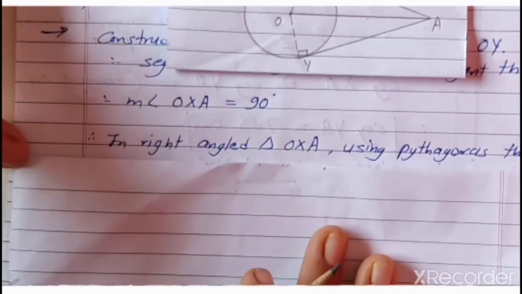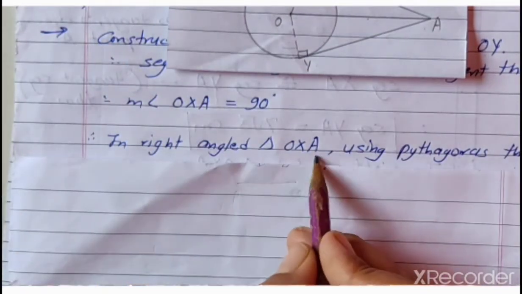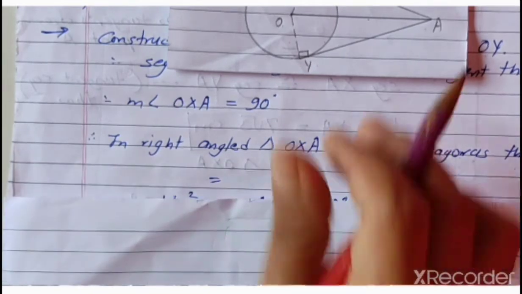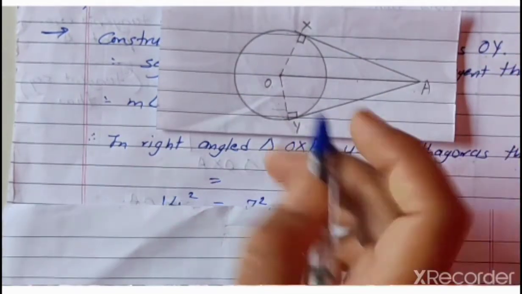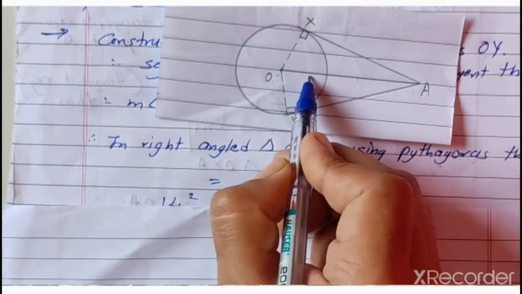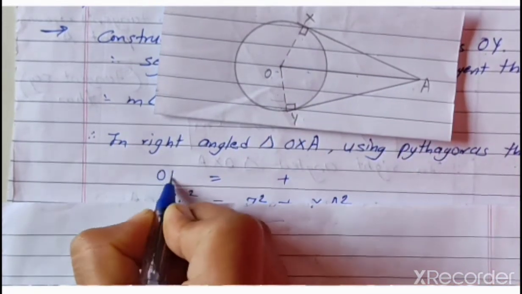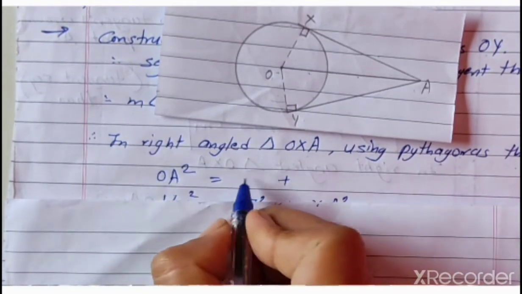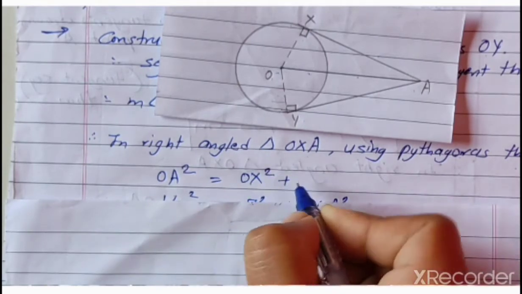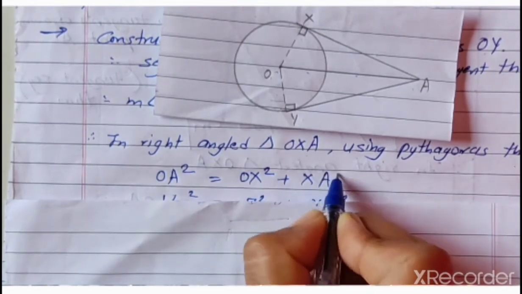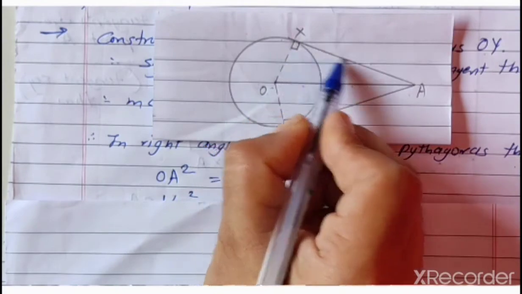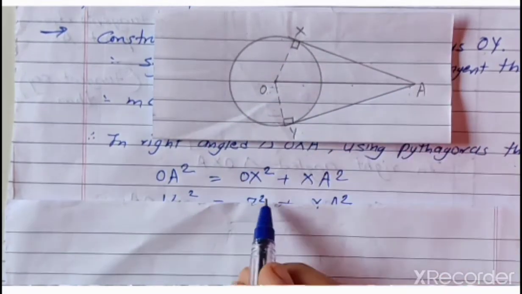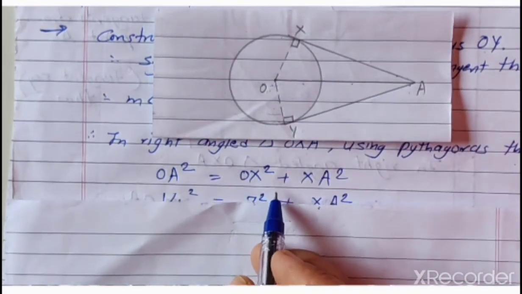So let us use this concept. In this right angle triangle, hypotenuse is opposite to 90 degree, that is OA square equals side 1, OX square, plus side 2, XA square. Here I apply Pythagoras theorem.